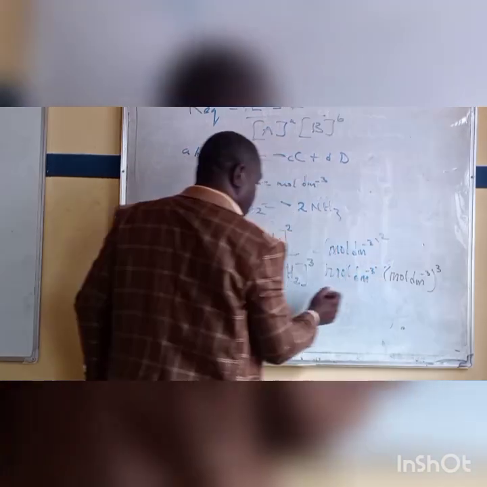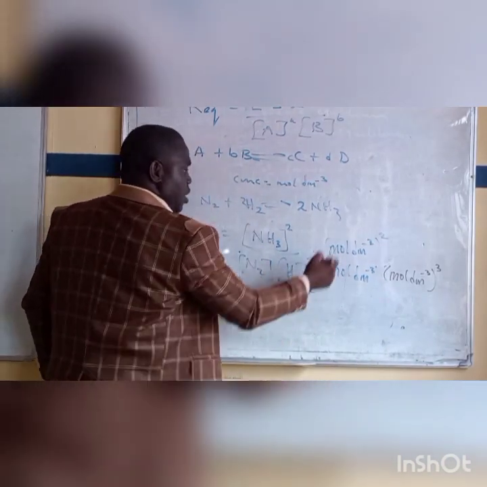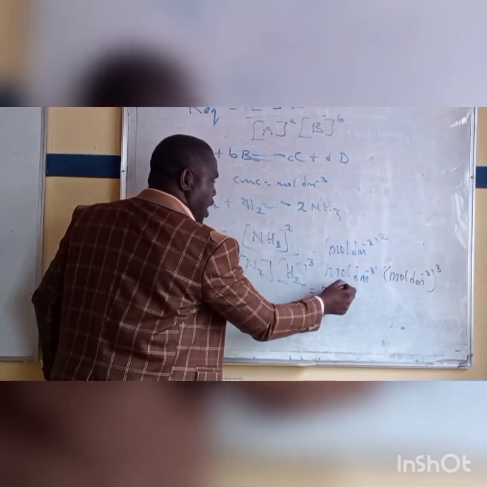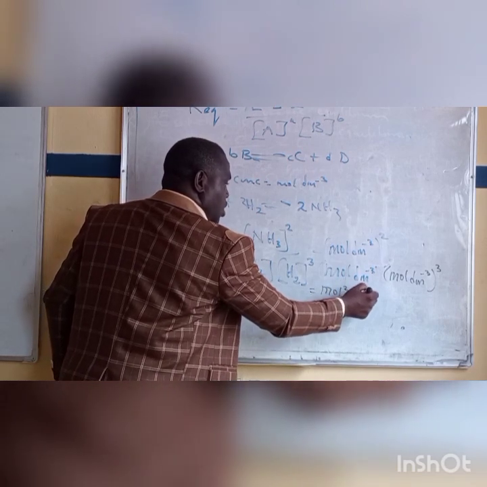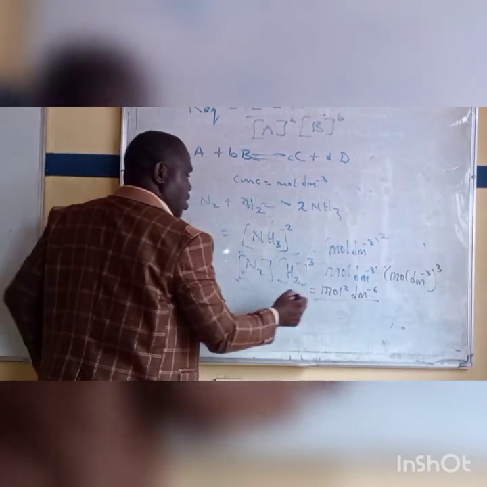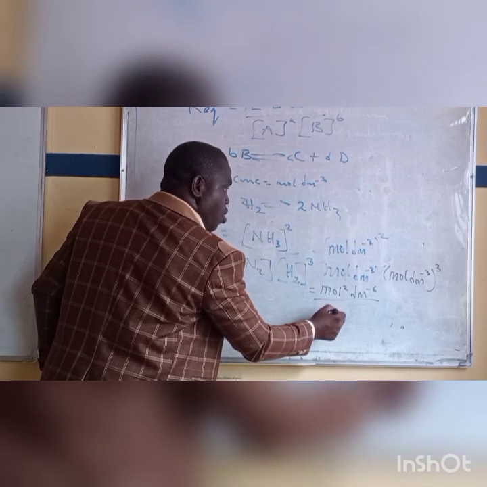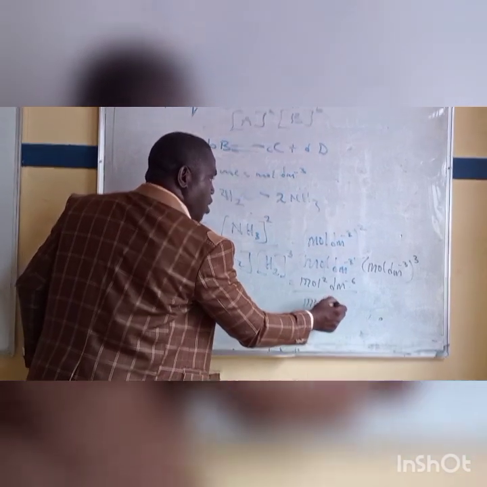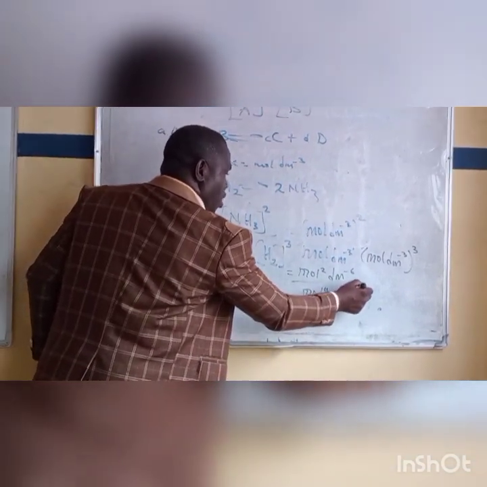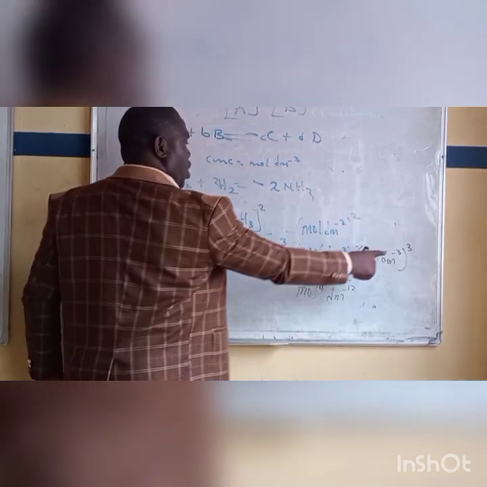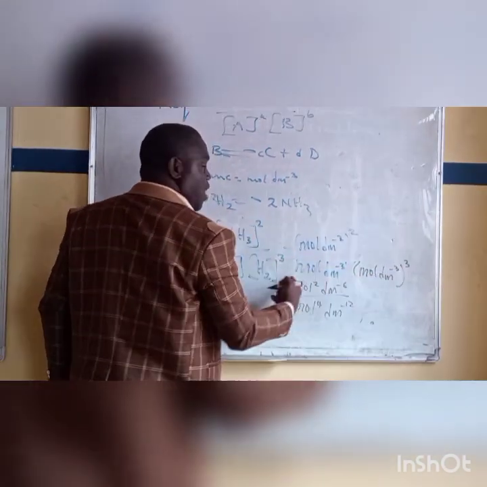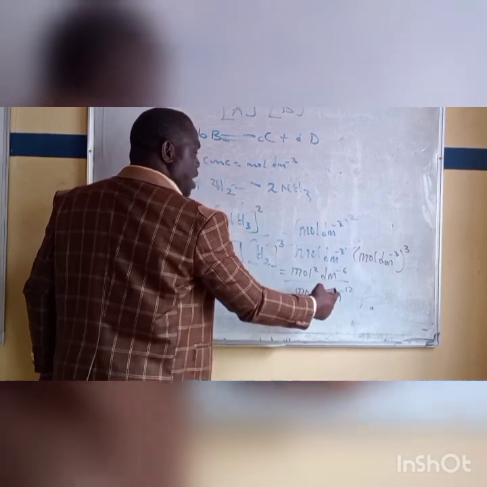You have 3. From here, this will give you mole squared, this will give you dm6. The denominator will give you mole raised to power 4 and dm cube raised to 12. Minus 3 times 3, that's minus 9. From the law of indices, it becomes minus 12.